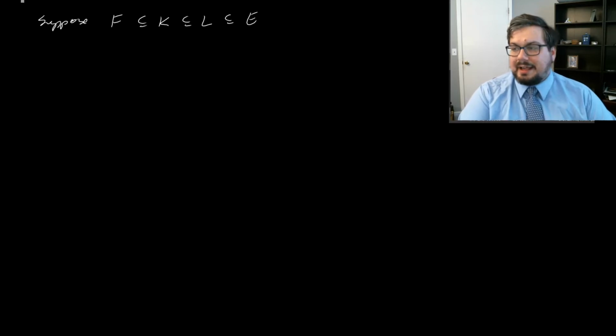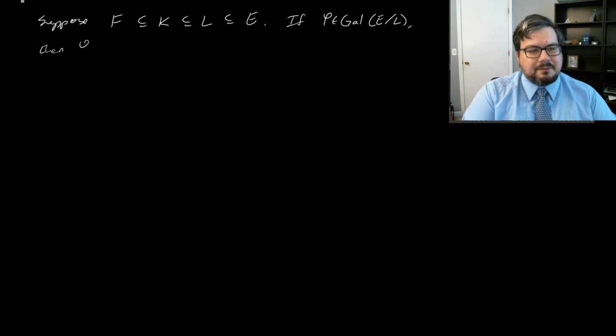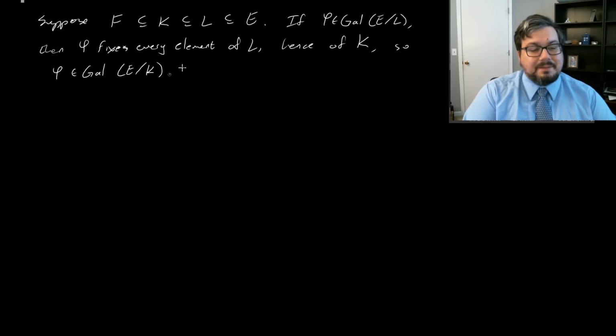So let's suppose that we've got fields K and L sitting between F and E. Now, if phi belongs to the Galois group of E over L, then phi fixes every element of L, hence of K. So that means that phi will belong to the Galois group of E over K as well.